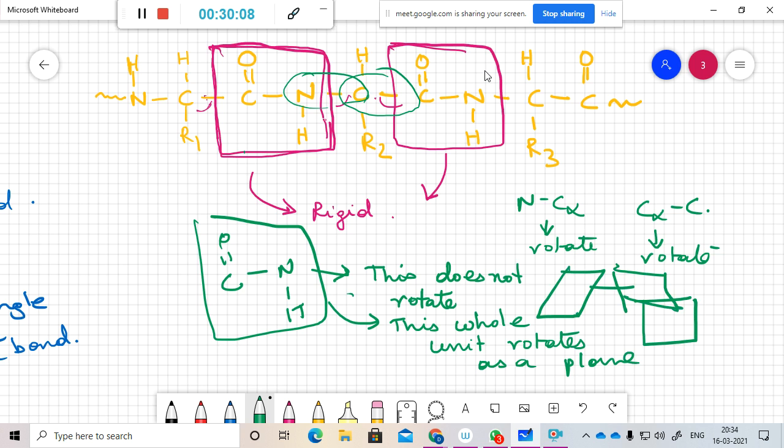So they move as a plane. CONH doesn't rotate. So let us have a look at these angles.